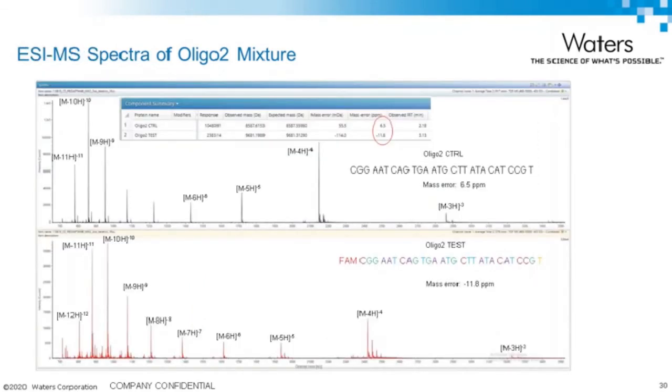In this case, the 2 electrospray spectra are presented in this slide. Again, we see the bimodal distribution, charge states anywhere between -3 to -12, and one can see that we can obtain good mass accuracy for the control unmodified oligo, 6.5 parts per million, versus the heavily modified oligo, -11.8 parts per million.